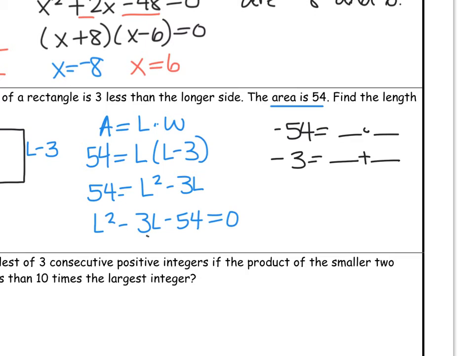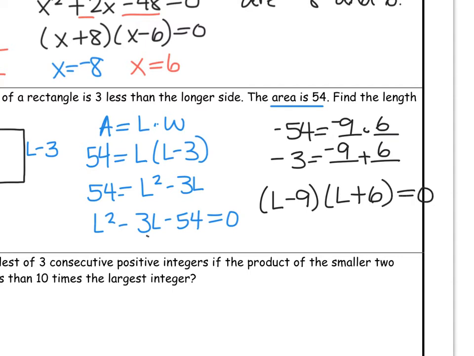So factor pairs of negative 54 that add up to negative 3 are negative 9 and 6. Negative 9 times 6 is negative 54, and negative 9 plus 6 is negative 3. So our factor pairs would be L minus 9 and L plus 6.